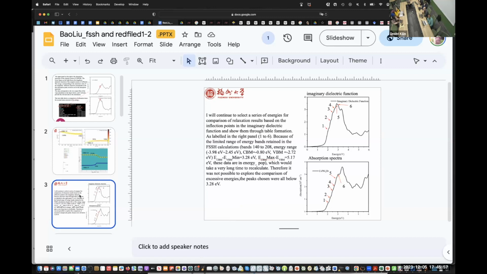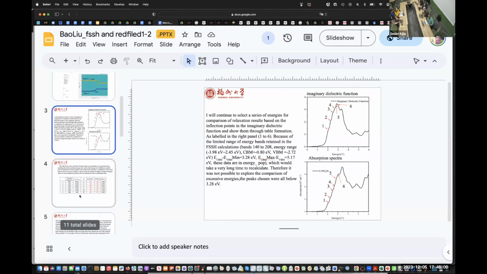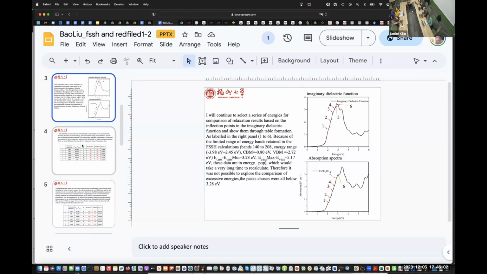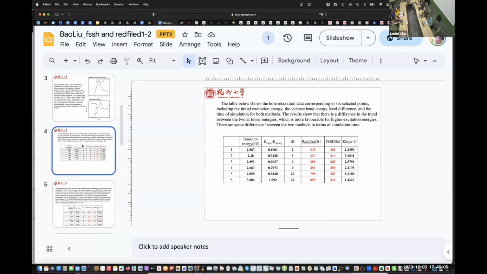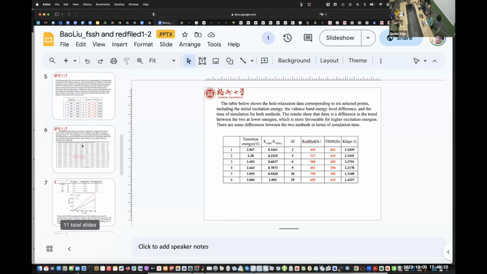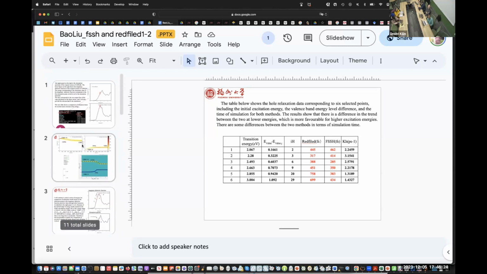Here, to my understanding, is an attempt to select different initial conditions. Here is an attempt to compare the rates of relaxation at different initial conditions, and I hope at the next iteration, BaoLiu will put this data in the graphical form so that one can explore if this data fit the energy gap law.